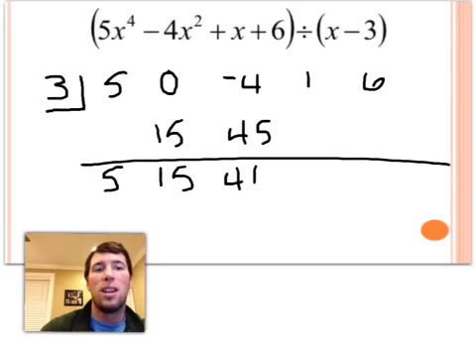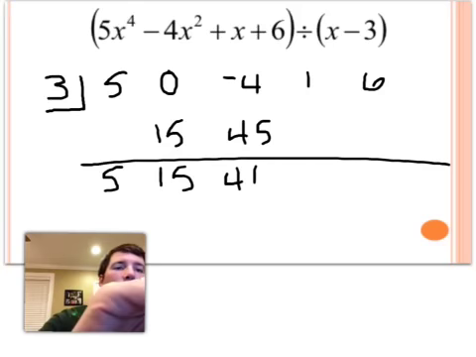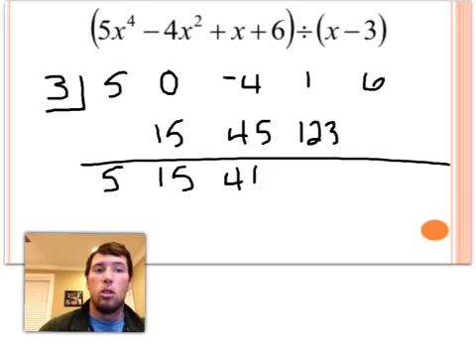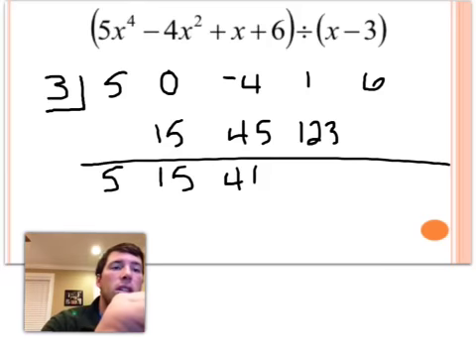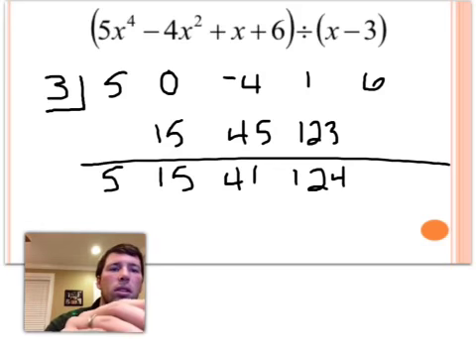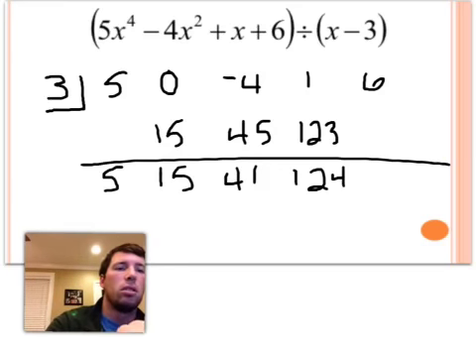And 41 times 3, I believe we have 123. So 1 plus 123 is 124. And 124 times 3, I think I'm doing it right. Let's check the work here.